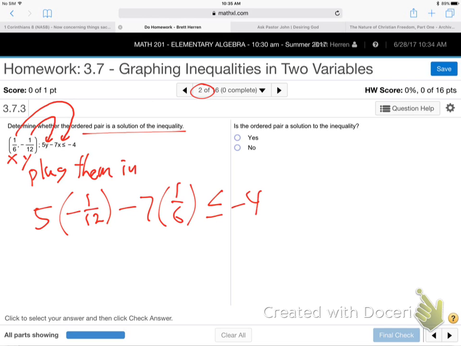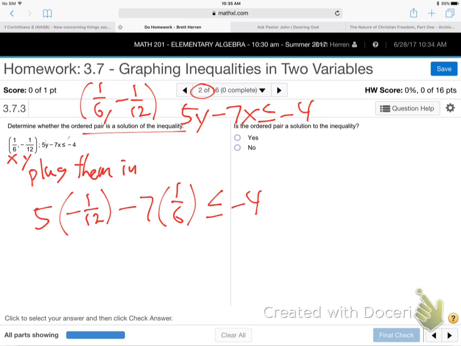And it's supposed to be less than or equal to -4. Everybody good there? Can you all see? Maybe I should have written out the original one better. So it's 5y minus 7x less than or equal to -4. So there was the original. This one's the X, this one's the Y. I'm plugging this in for X and this in for Y.